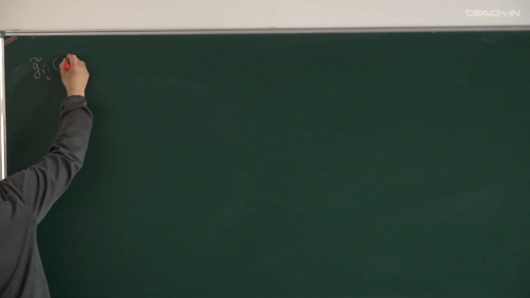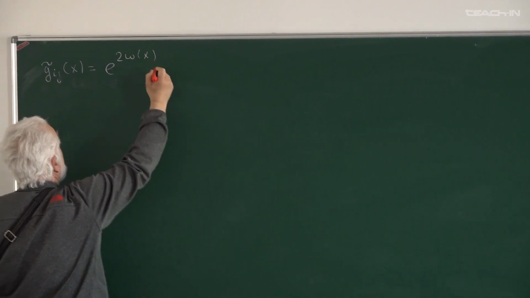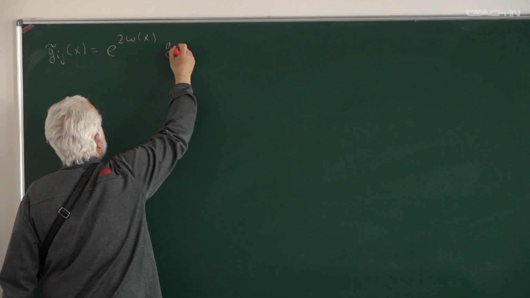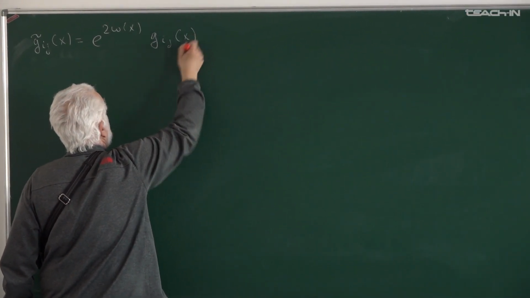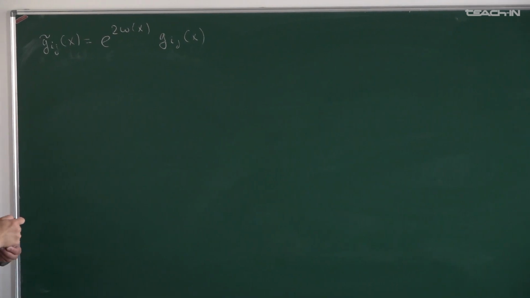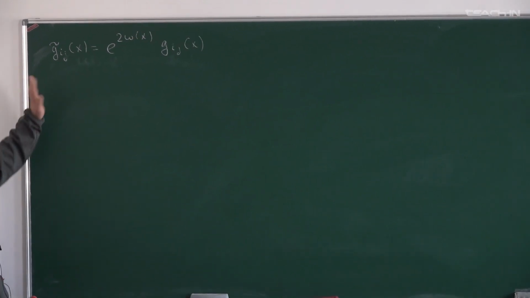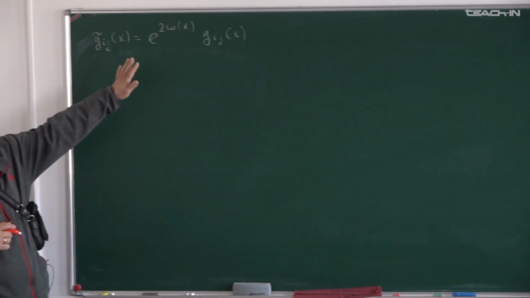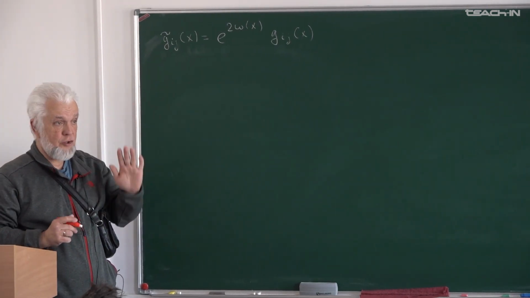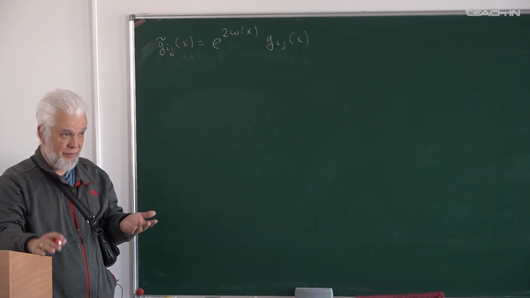g tilde of x is e^{2 omega(x)} g. So we multiply our Riemann metric by some scalar function. We change the metric, but we keep the same conformal class.